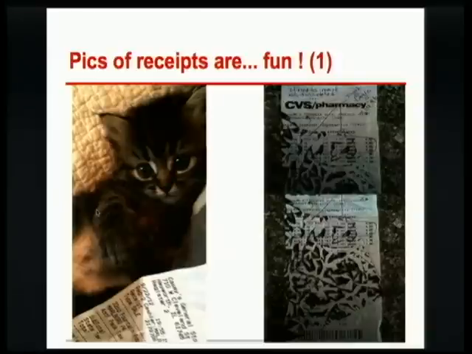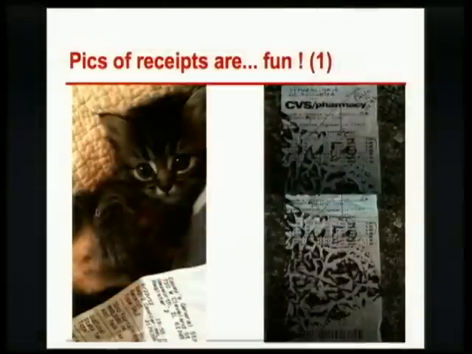Again, there are a lot of funny cat videos on YouTube, but we get cat pictures as well. So, little kitty, very cute. On the right, that's a great one. It's a little bit hard to see on the screen here, but basically what we think happened is someone had a shopping receipt that was really wrinkled, right?